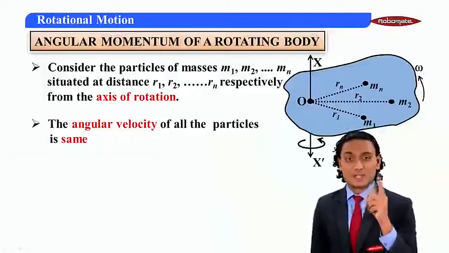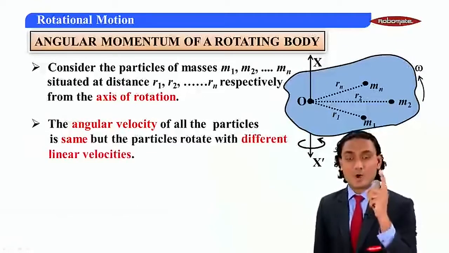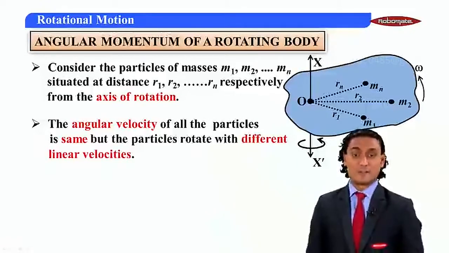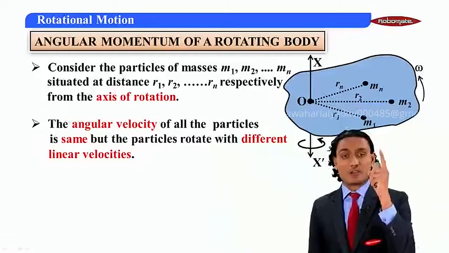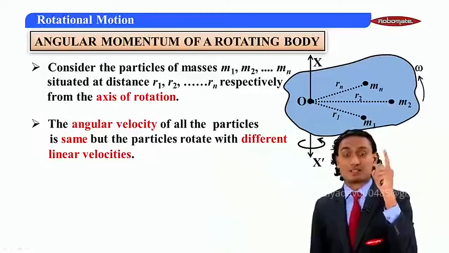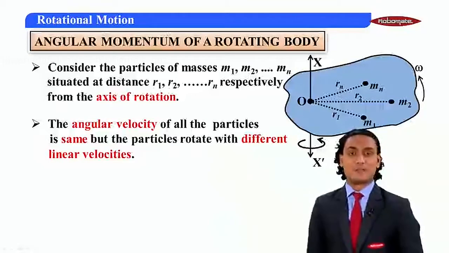Even though they have the same angular velocity, the linear velocities of all these particles are different. Why is it different? You see that students, the radii of the circular paths traced by all the particles are different, and hence all these particles will have different linear velocities.